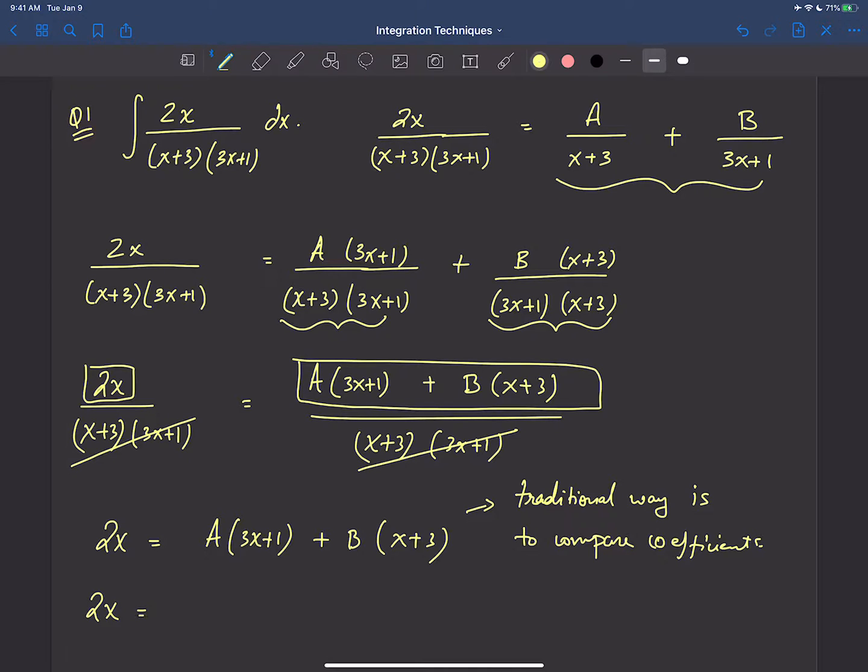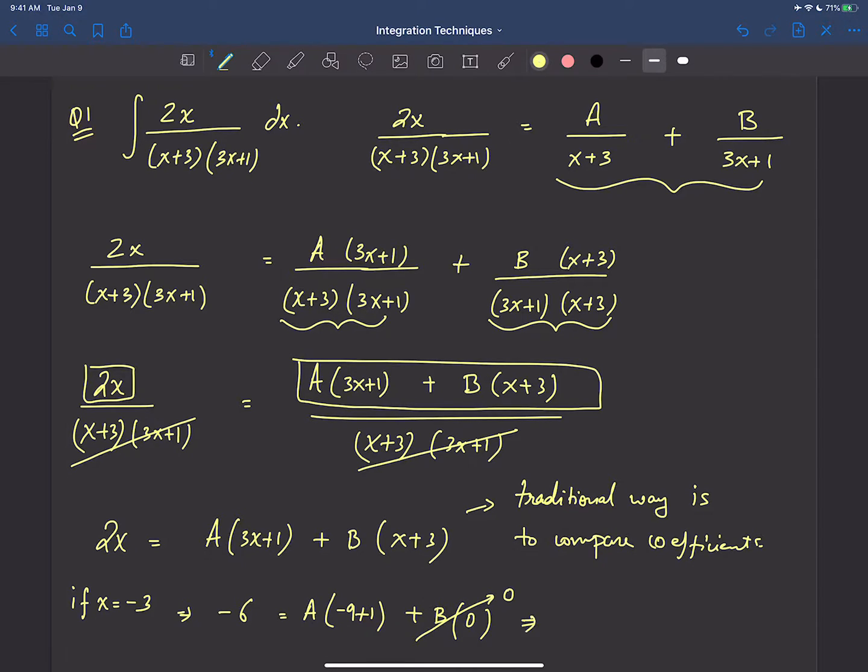So we have 2x. In this case, I can pick clever values of x. This is going to be true for any value of x. So if I pick x to be equal to -3 for a second, I can plug it into this expression and I get -6 on this side, and then I'm going to get a times -3 times 3, which is -9, plus 1, and then b with x as -3 will give you a 0, which means the b factor will go away.